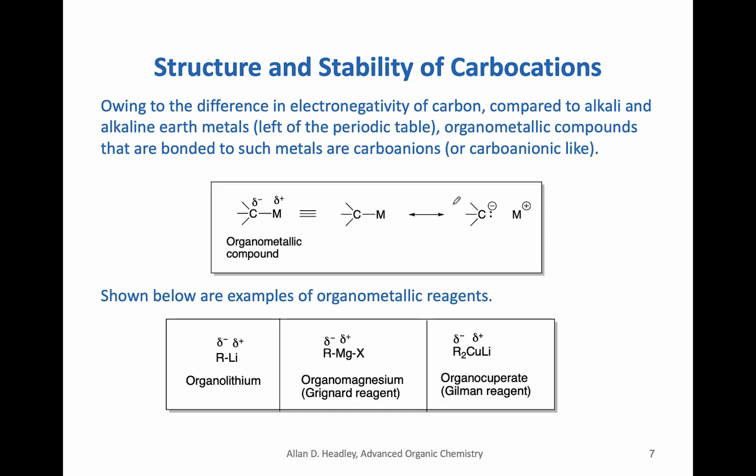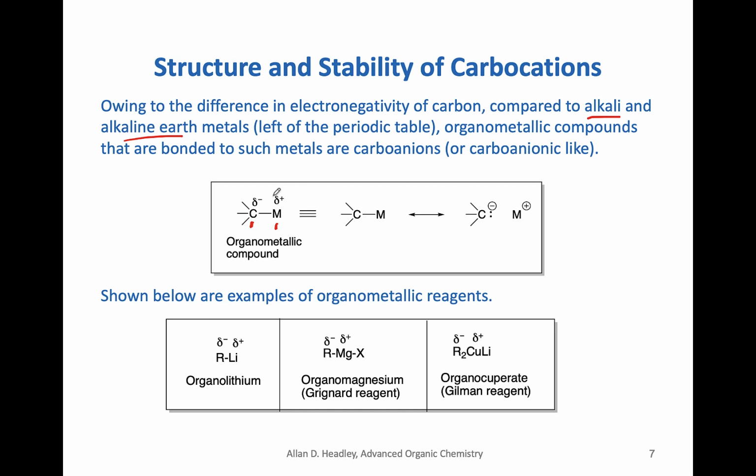Let us look at the structure and stability some more. We were looking at the synthesis, but let's look at the structure. A carbanion is really a carbon that's bonded to a metal. If you look at your periodic table, you'll see the alkali and alkaline earth metals to the extreme left. You may recall that atoms to the extreme left of the periodic table are very electropositive, want to give up electrons, and atoms to the right are electronegative.